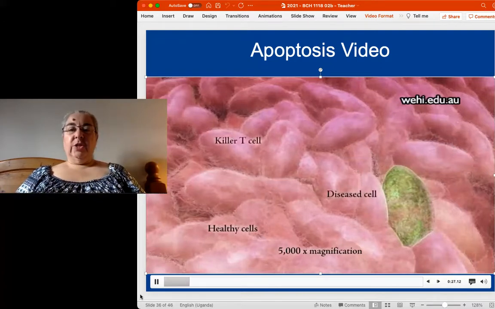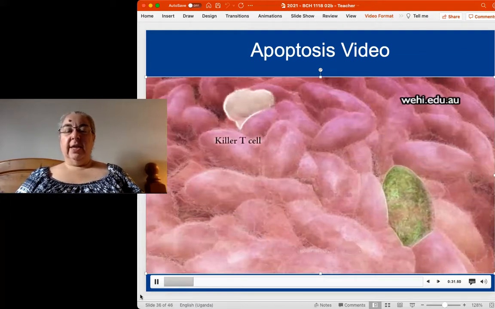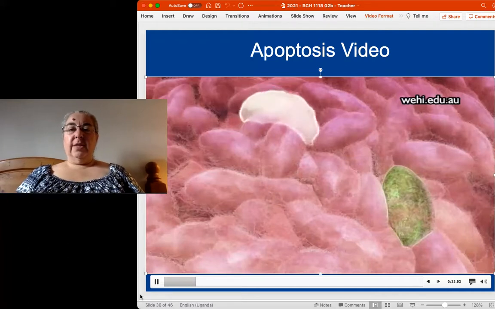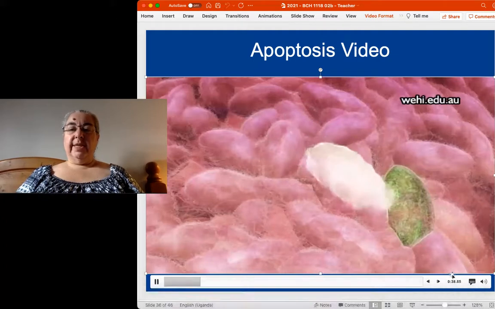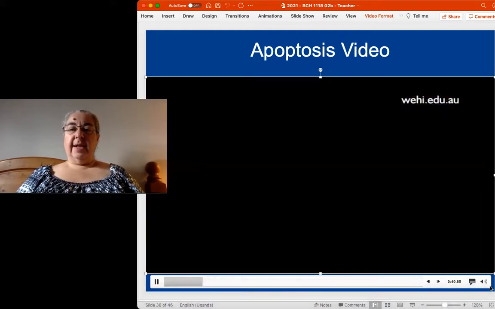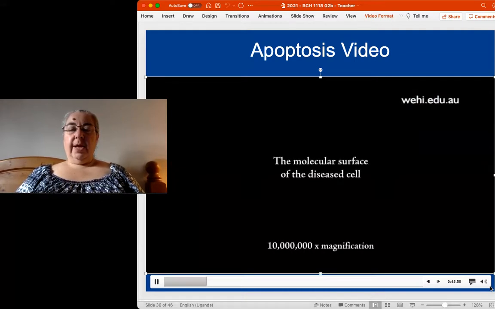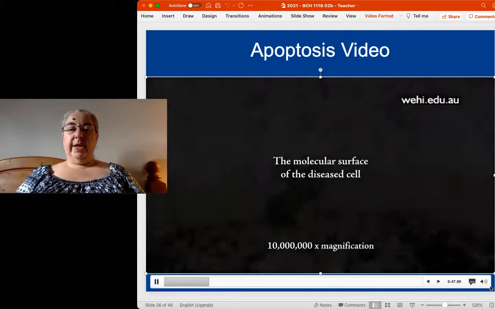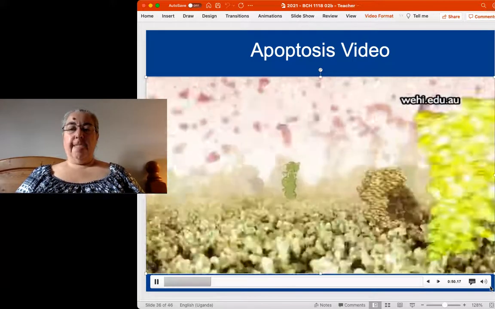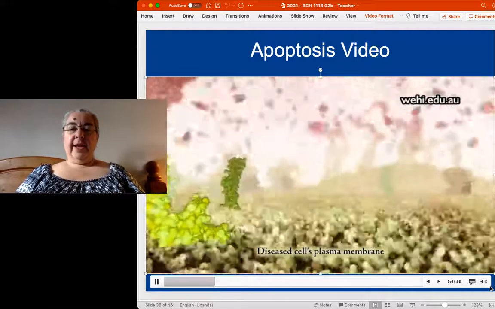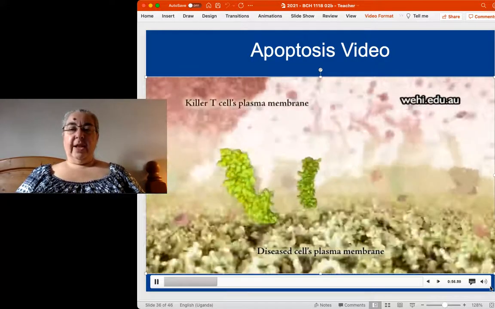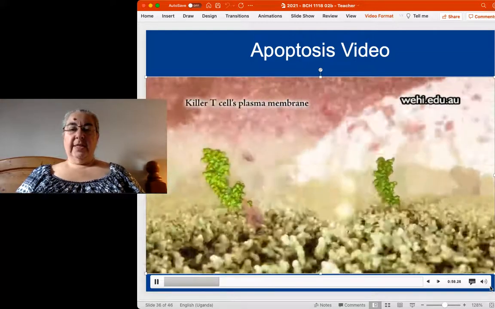So here we see just one cell which is unhealthy, diseased, amongst some normal cells. And here is one of the cells of the immune system, a killer T cell. Okay, so now we're looking at what's happening between these two cells. So the killer T cell is recognizing that there is something unhealthy about this diseased cell.